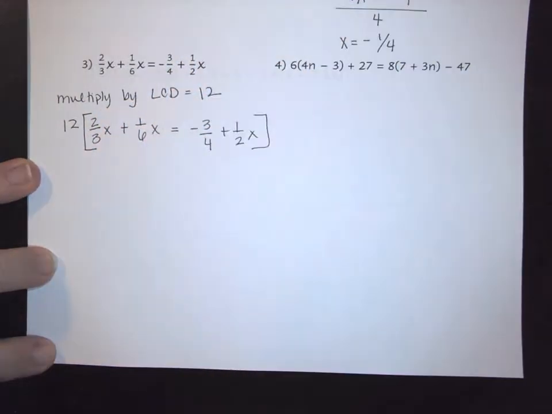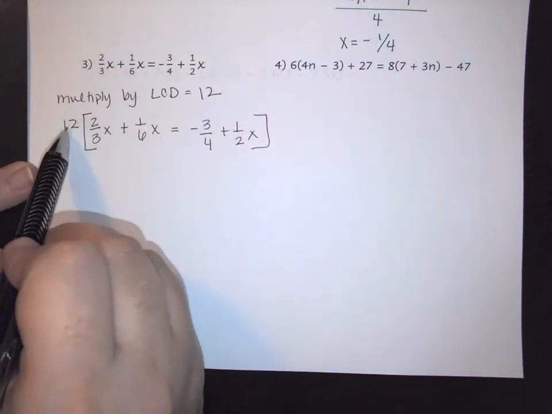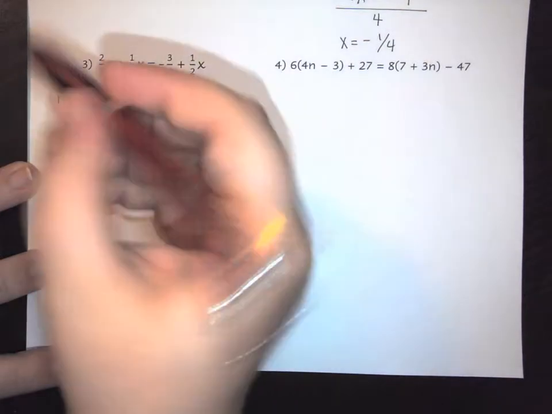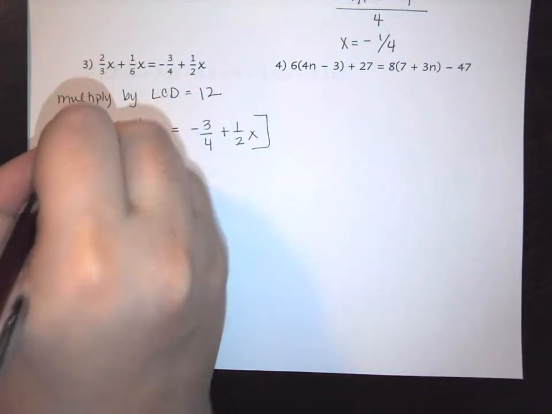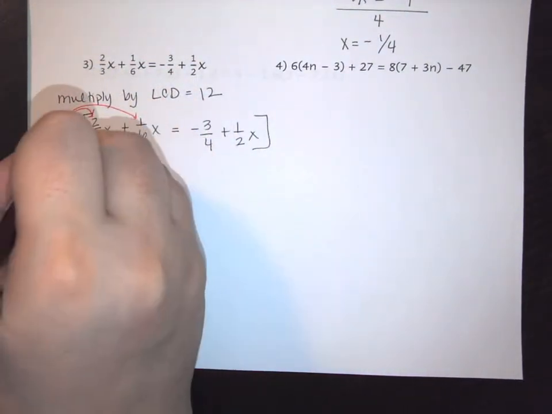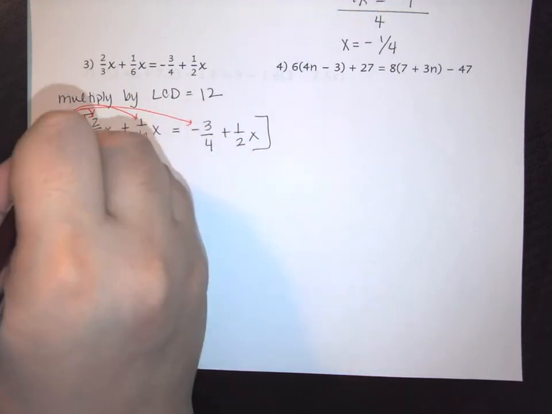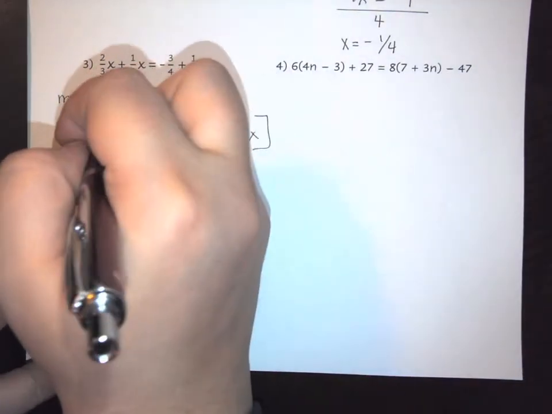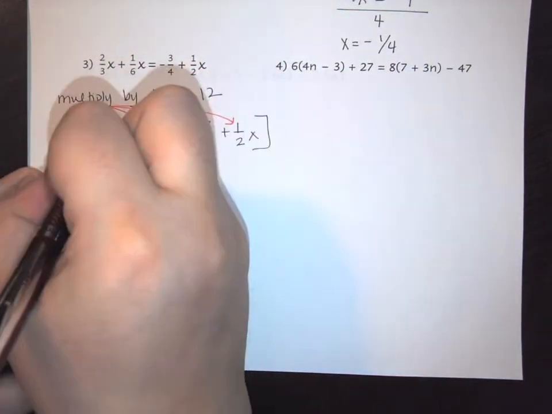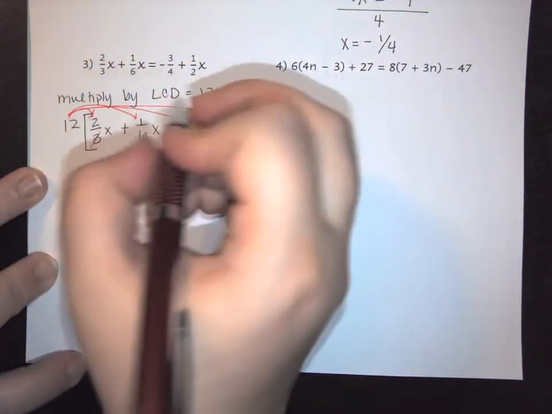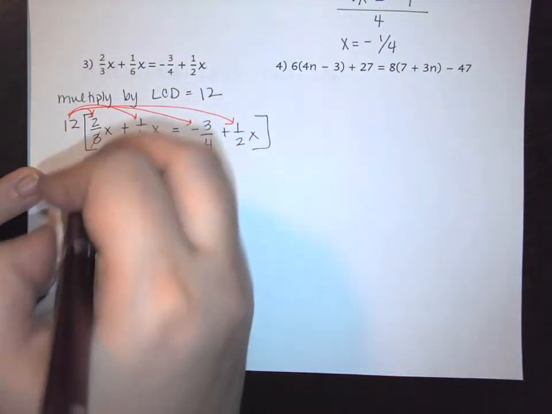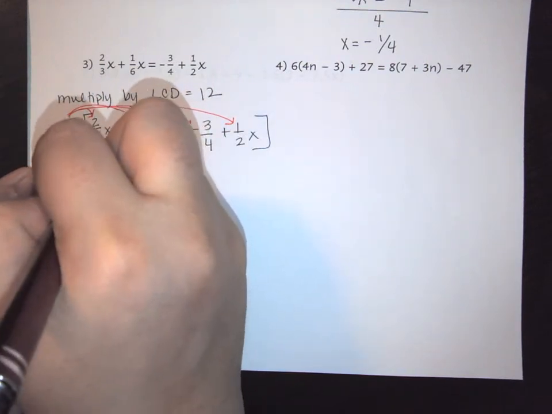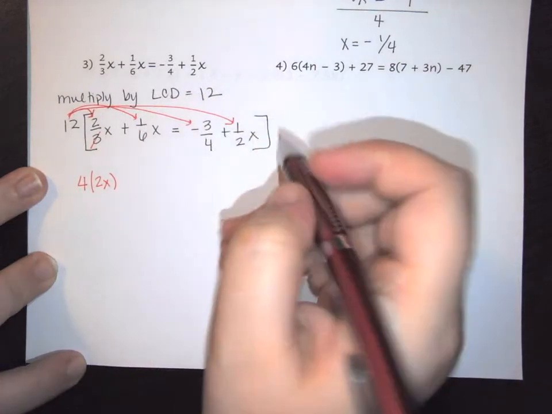So I'm going to multiply it by the whole fraction, which means coming into each individual piece. What we're actually doing is taking a look at the denominators. So here 12 over 3 leaves us with a 4, so we're going to have 4 times my 2x.